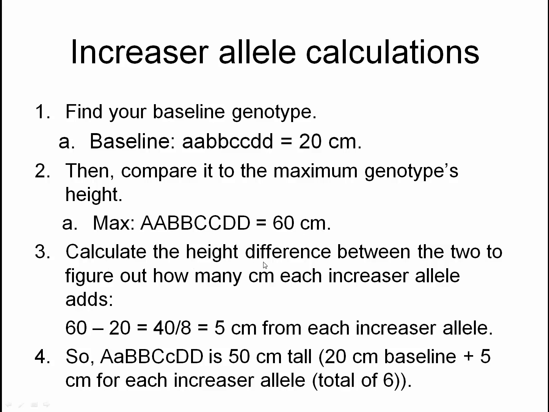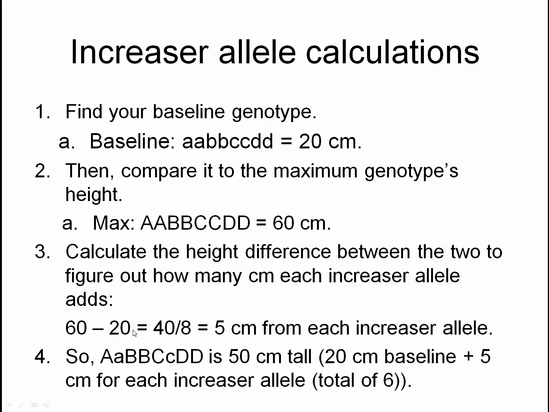So to calculate the height difference between the two, we have to use this formula. This formula actually is just the famous slope formula when you're talking about lines. You may recall that it's y1 minus y0 over x1 minus x0. y1 is the phenotype value, so for the maximum that's 60, and for the minimum that's 20.